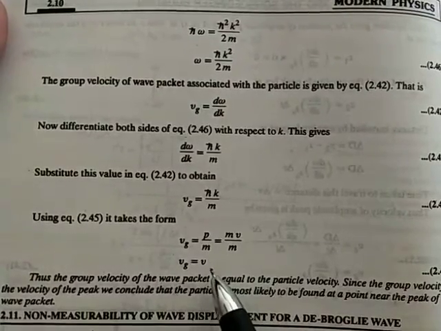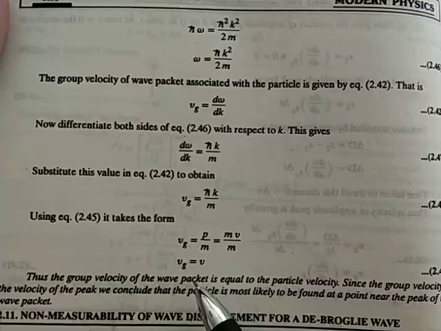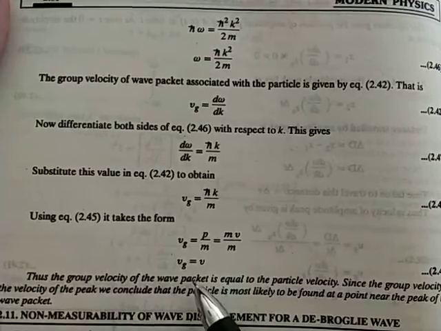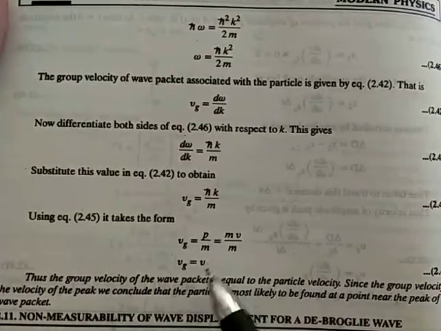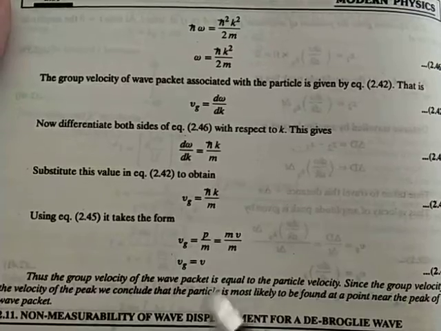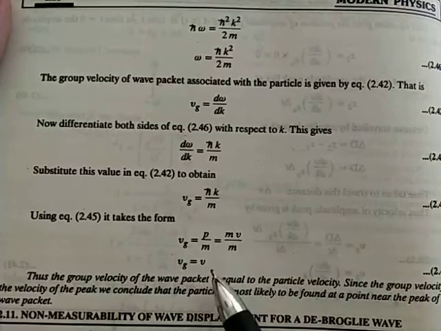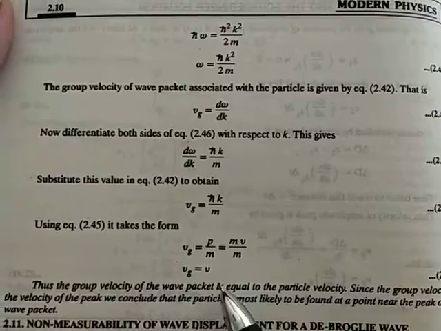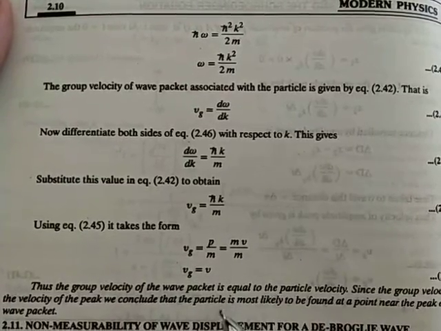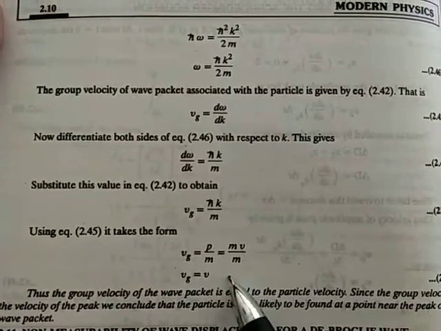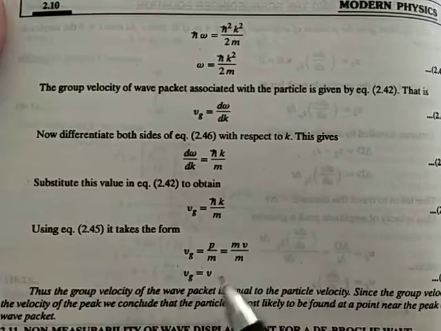In the earlier case of phase velocity, we saw that the phase velocity was almost half of the particle velocity, so it was not keeping pace with the particle motion. Here we can see that the group velocity is equal to the particle velocity.